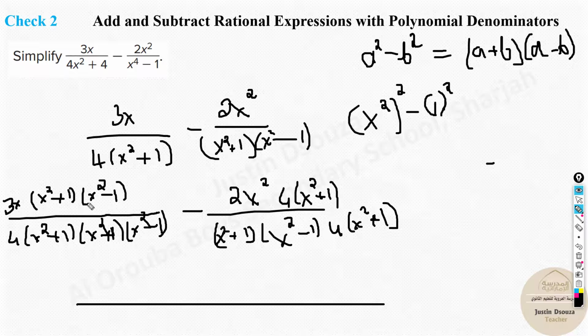Now before simplifying, you can see once we write it over here, now it's the same denominator, right? What you can see over here is x squared plus 1 is there, x squared plus 1 is there, even in the denominator x squared plus 1 is there.